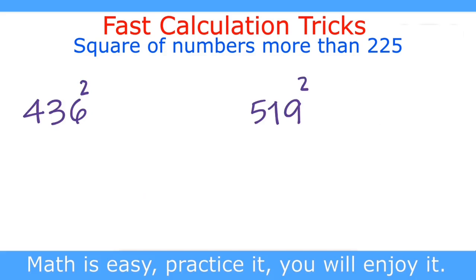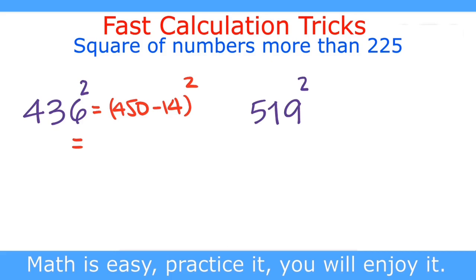436 is in between 426 to 475, and for this we should take the base as 450. We will write 436 square equal to 450 minus 14 whole square, and square of 450. We'll find the square of 45 and then we'll put 2 zeros for square of 450.